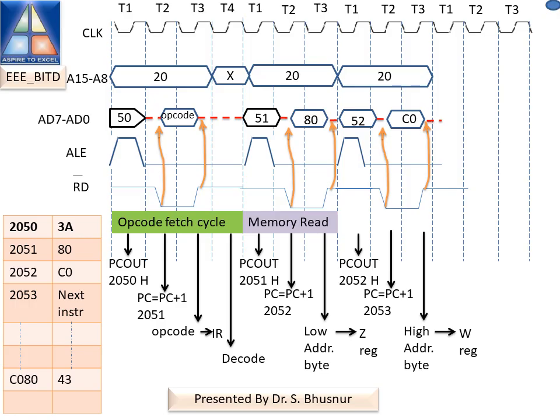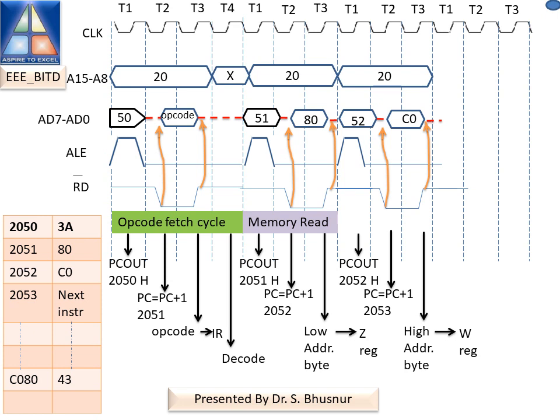So at the end of these 3 machine cycles, the fetch operation is complete. But in order to completely finish off this LDA instruction, the execution part is not over yet. To complete the execution part, the content from the address C080 must be read.